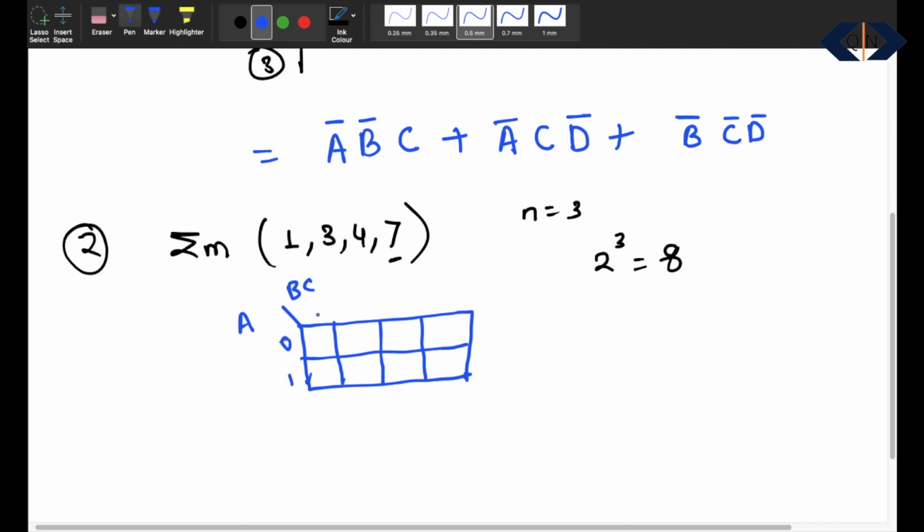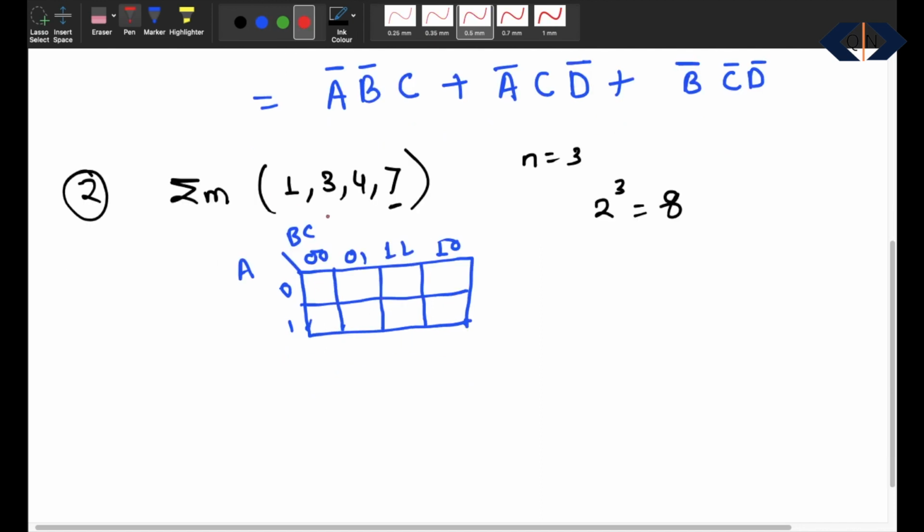So this is 0, 1 and BC is 00, 01, 11, 10. Now let's start filling these boxes. We have 1, 3, 4, 7. So this is 0, this is 1, this is 2 and this is 3. And this is 4, this is 5, this is 6 and this is 7.